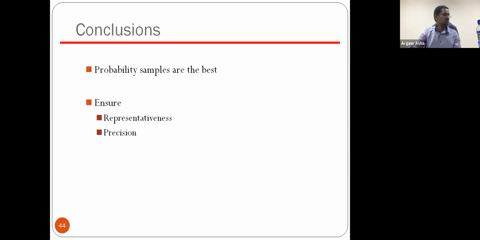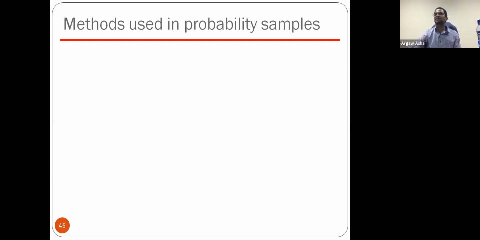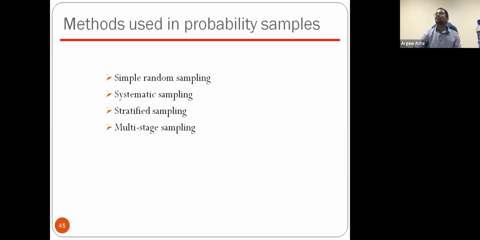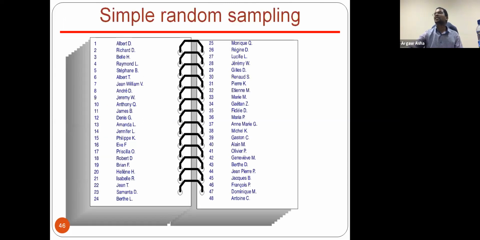When you consider probability, it is the best way for representation. With probability sampling, we have 5 methods: simple random sampling, systematic, stratified, multi-stage sampling, and cluster sampling.